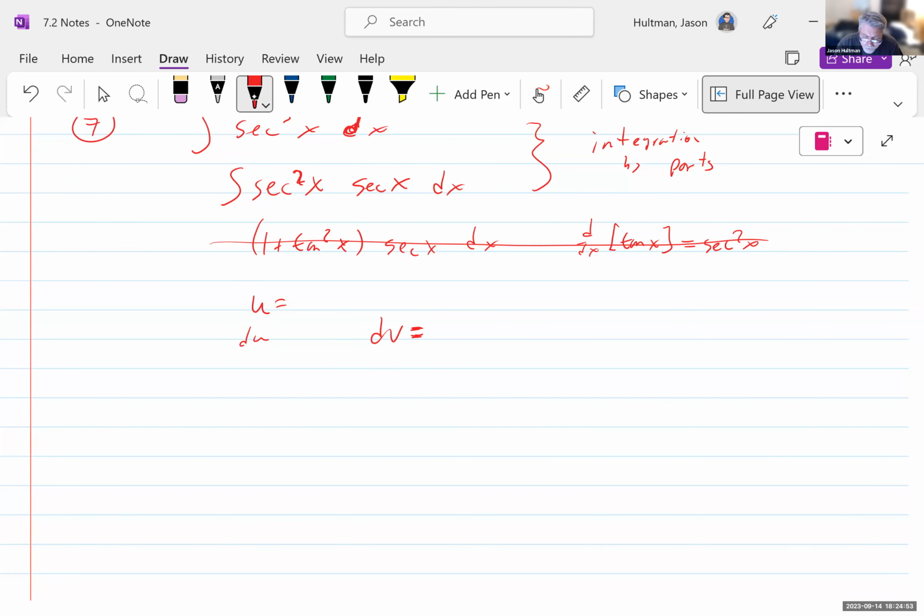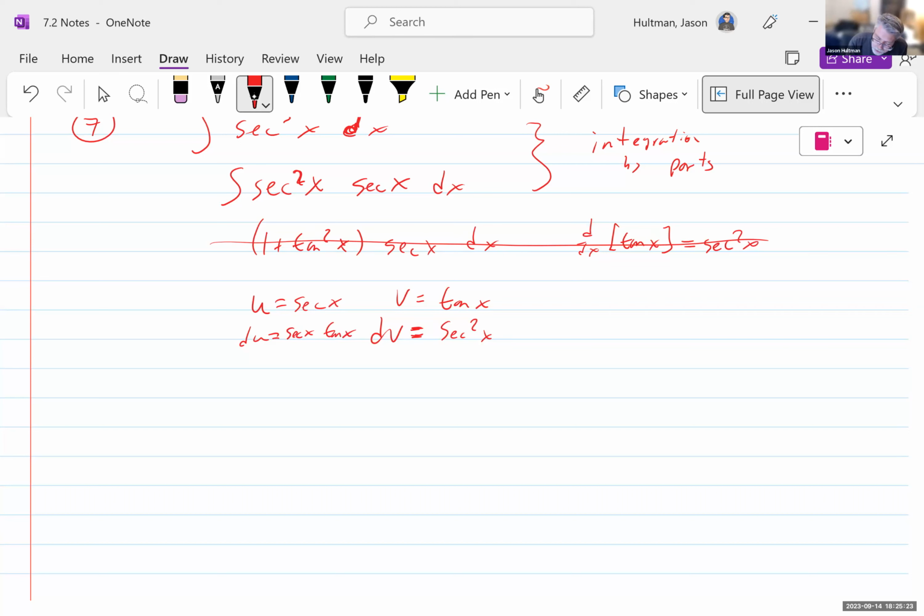Well, what's the derivative of secant squared? That's a chain rule. That's kind of not nice. What's the integral of secant squared? Tangent. What's the derivative of secant? Secant tangent.